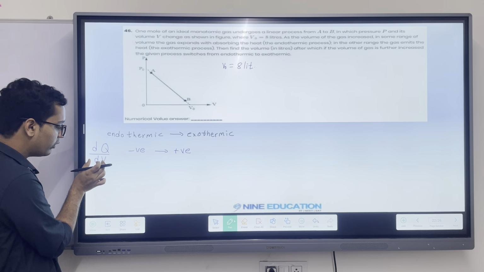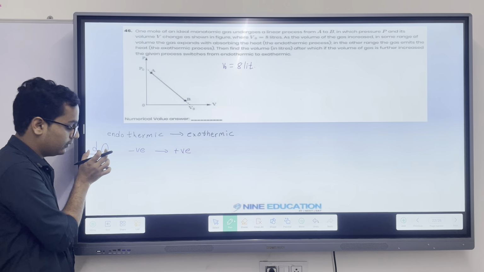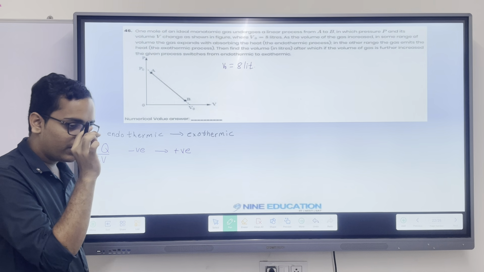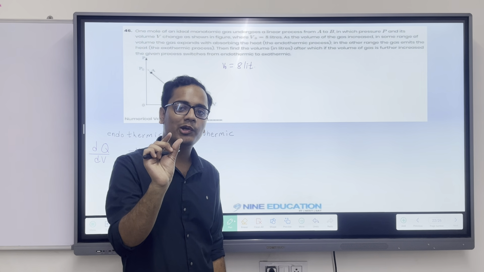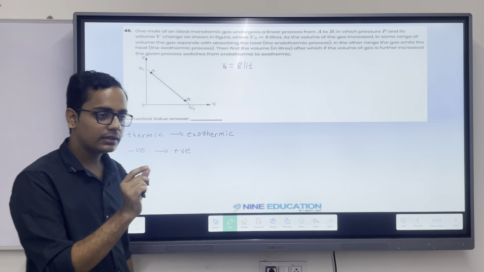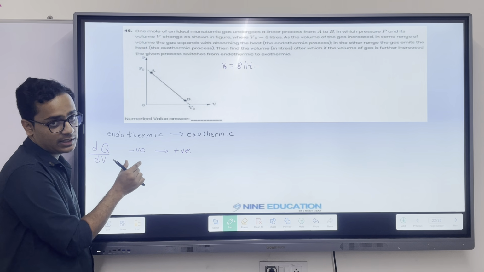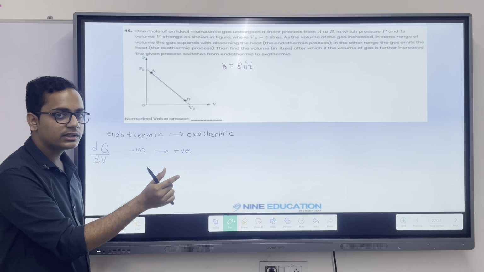That means for the given increase in volume, we look at the change in heat. Endothermic means you are increasing the volume by some quantity, and for the given change in volume, what should be the change in the heat? If that heat is negative, you can say it is endothermic. And when that heat is positive, you can say it is exothermic.